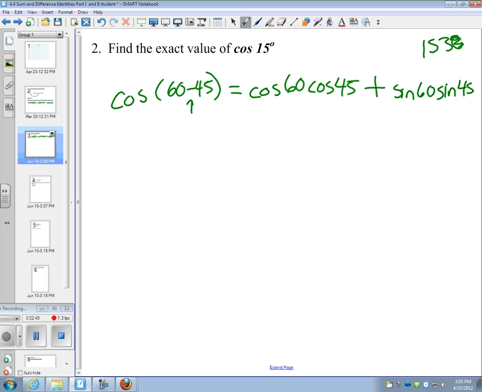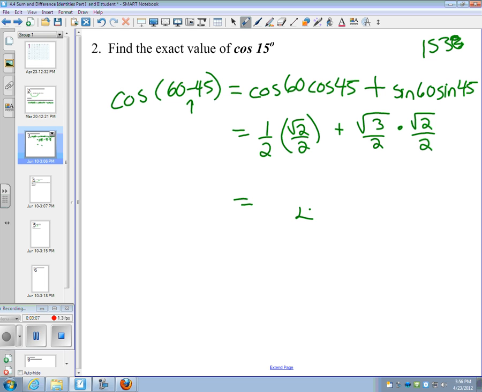Okay, using exact values, we know cos of 60 is 1/2, cos of 45 is root 2 over 2, plus the sine of 60 is root 3 over 2, and the sine of 45 is root 2 over 2. Okay, multiplying this all together, I see that everything has a denominator of 4, so I get root 2 plus root 6 over 4. Okay, and that's your answer there.